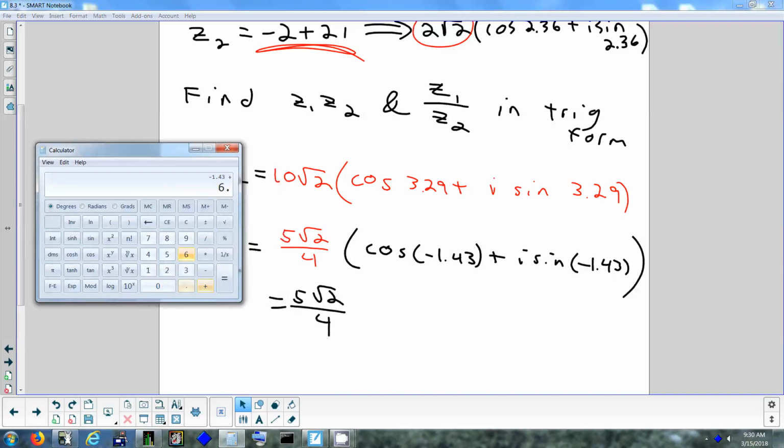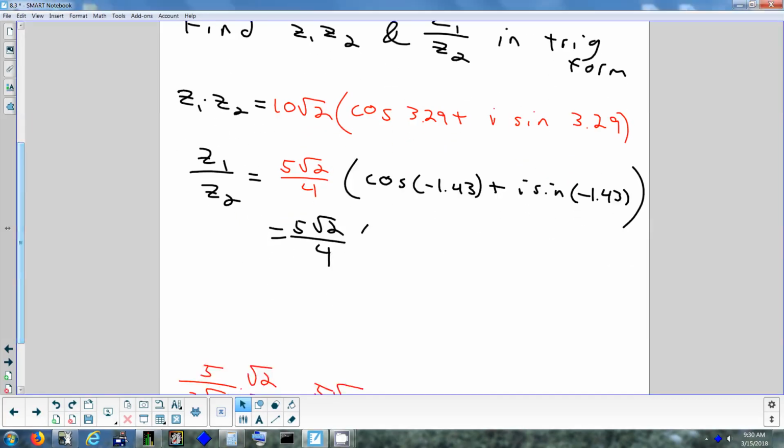So I'm just going to add 6.28. And that's one perfectly acceptable way to get rid of that negative. 4.85. If you're wondering why I don't have parentheses around the argument anymore, it's because when you have a negative, sometimes it looks like a subtraction sign, and I'm trying to avoid that confusion. Now I don't have a negative anymore.